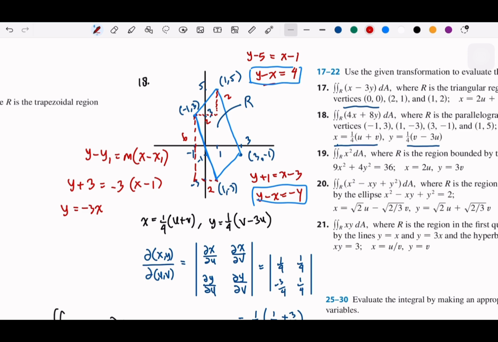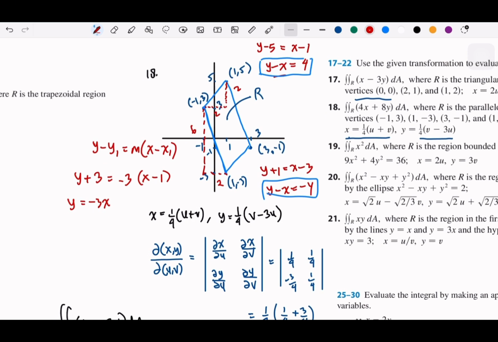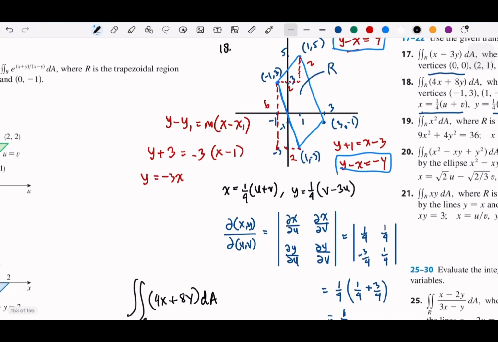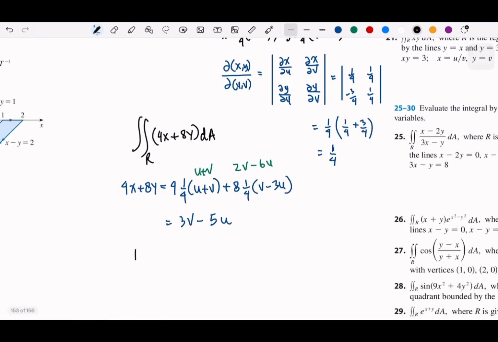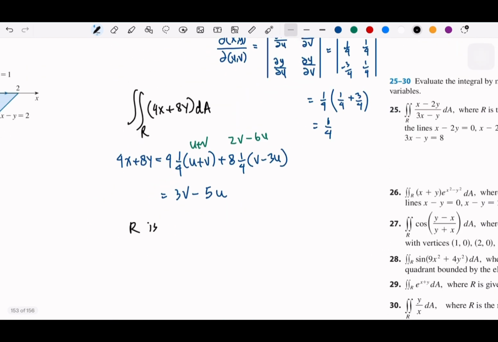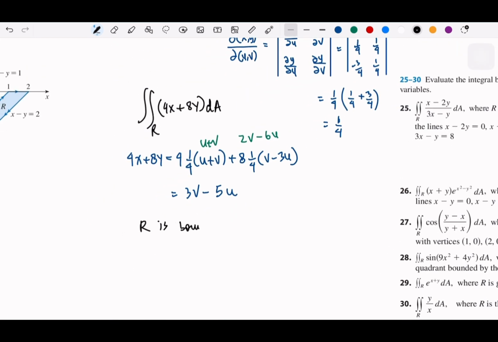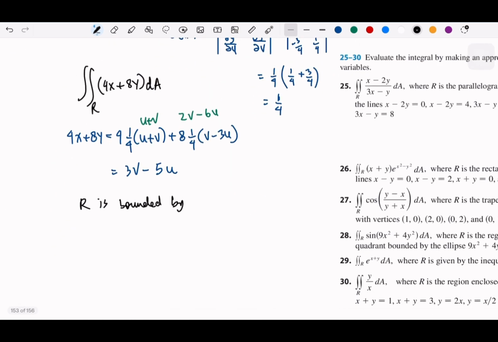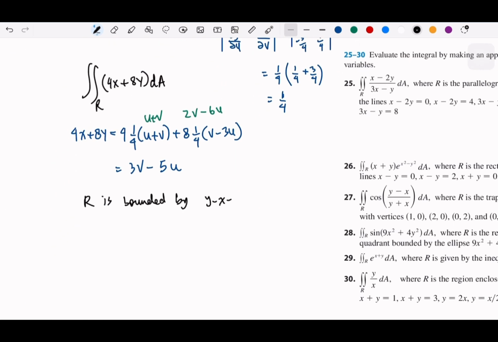Okay. So either using this or that, we can say that the region R, let me write here, R is bounded by these lines. I will take the line y minus x equal 4 and y minus x equal -4.